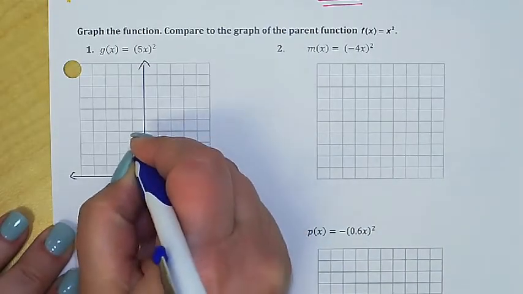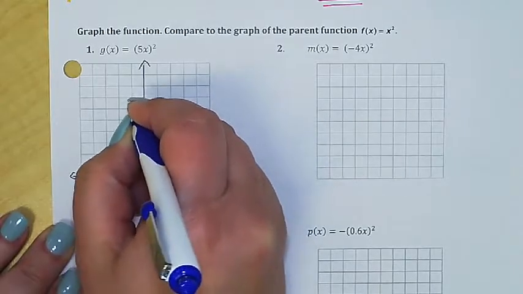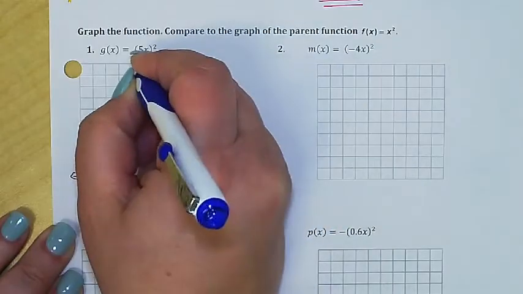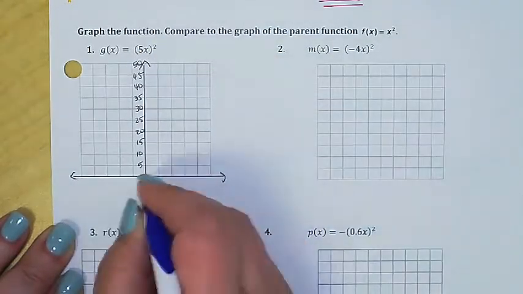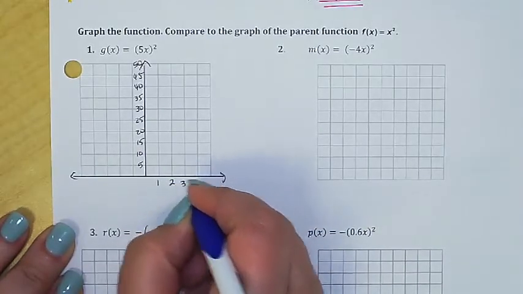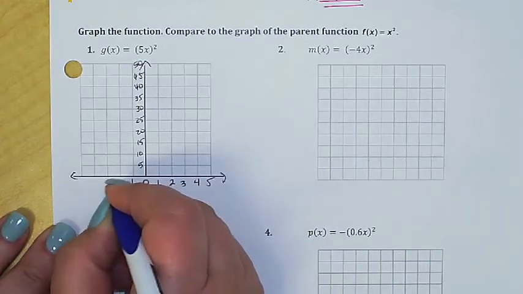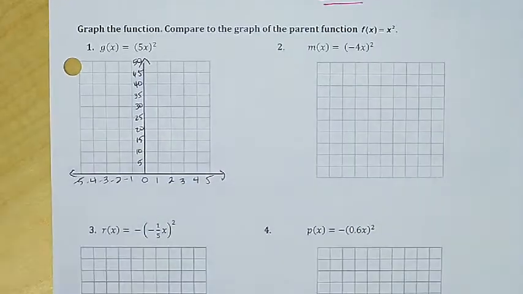So this might be 5, 10, 15, 20, 25, 30, 35, and 40. This would be 50 up here. Okay, and I'll just keep these by 1s. So 1, 2, 3, 4, 5, -1, -2, -3, -4, and -5. Okay, we'll have one nice graph right in there.